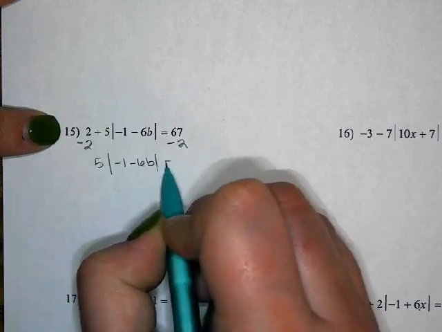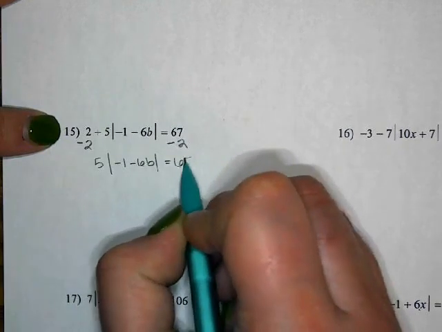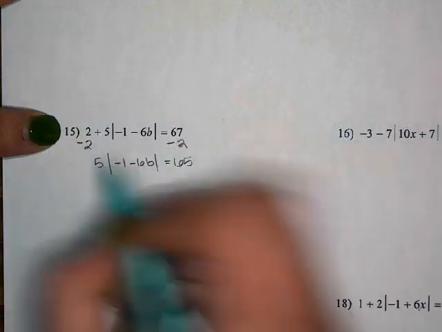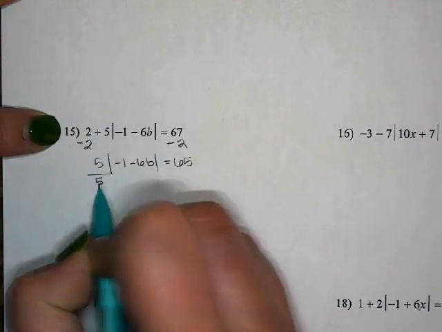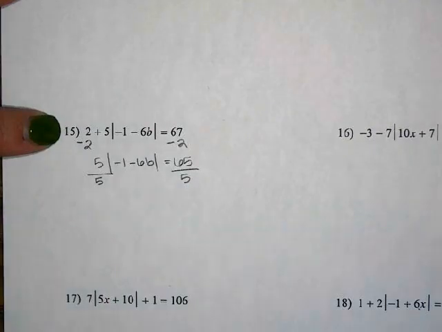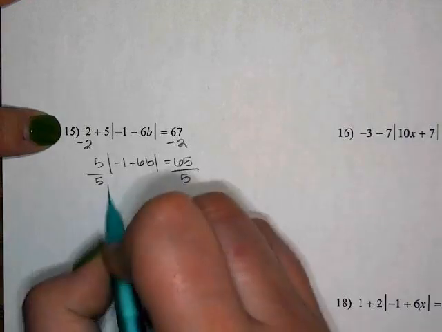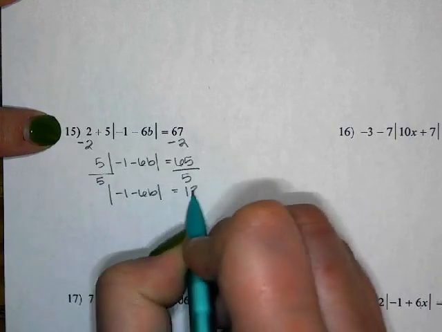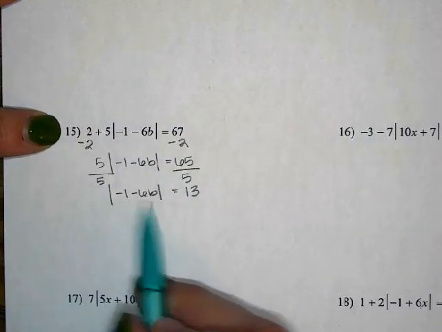Then what do we do? Divide by 5. 65 divided by 5, 13. Our absolute value is alone. It equals a positive number. Can we keep going or do we have to stop?